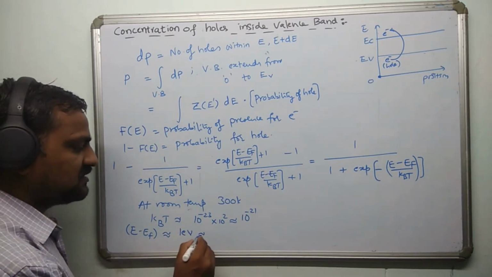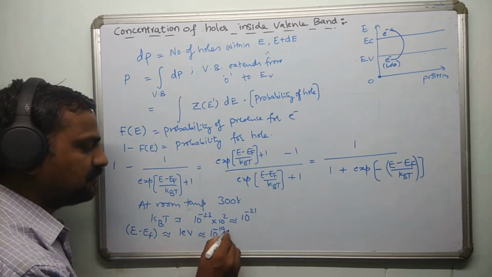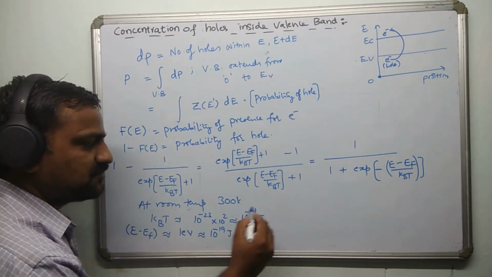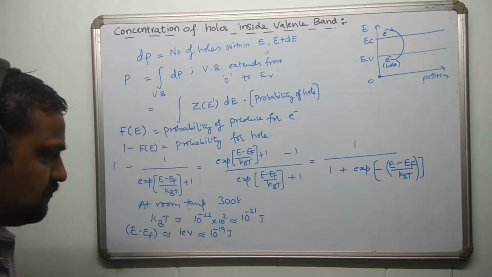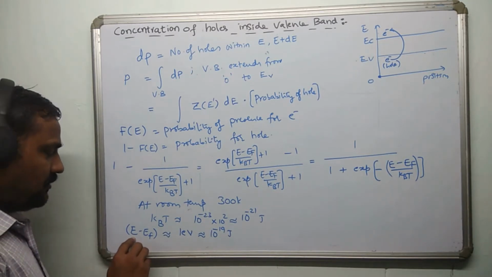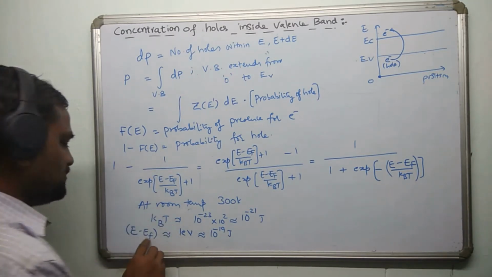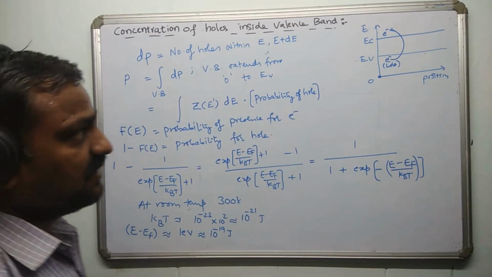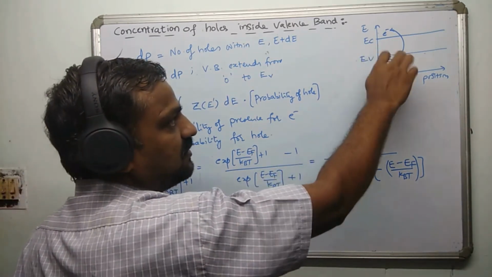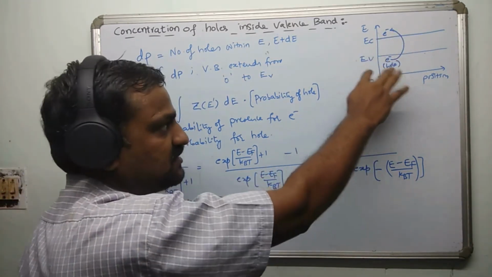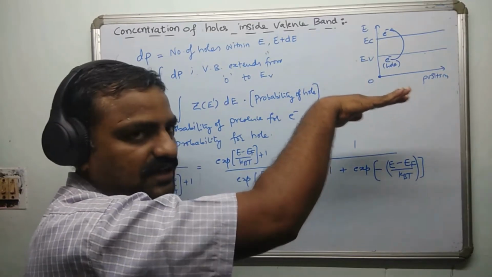So 1 electron volt is nothing but 10 power minus 19 joule. This is 10 power minus 21 joule, right? And remember, this is E minus EF. Generally EF will be above this EV, because EV is the topmost filled energy level at absolute zero.